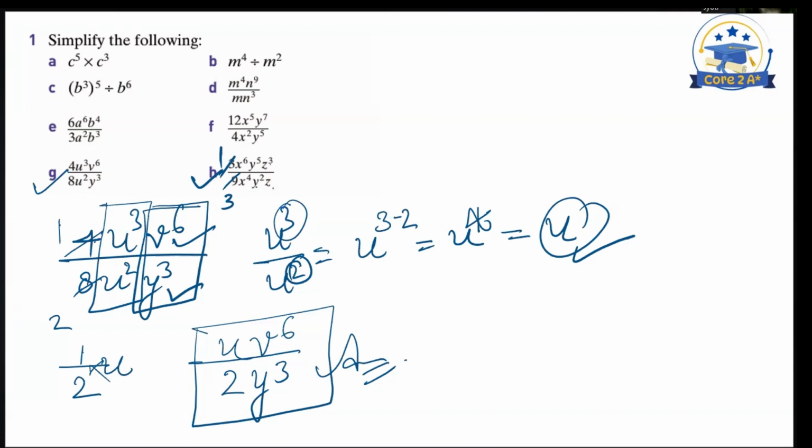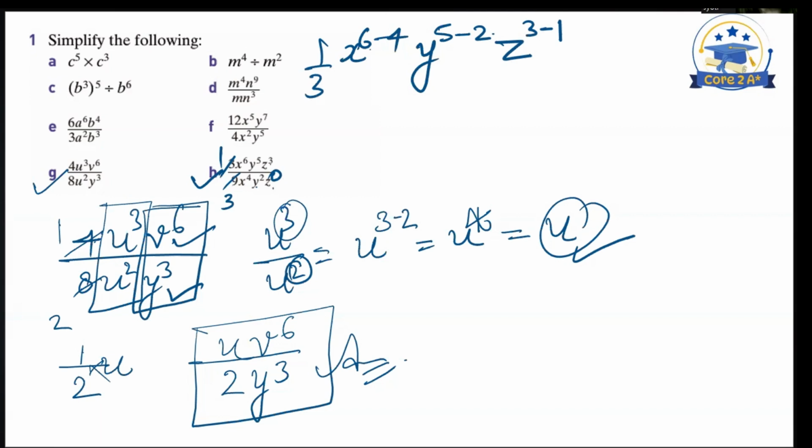So x to the power 6 minus 4, because we know that we have to subtract the denominator's power from the numerator's power, right? What about y? Y is 5 minus 2. And z, what about z? 3 minus 1. If there is no power, it means it has power 1. And 1 over 3 is already there.